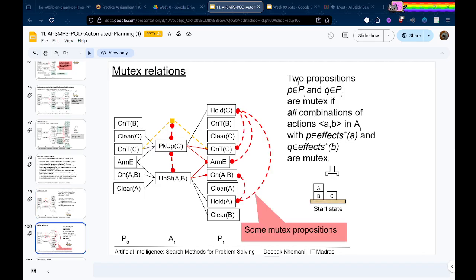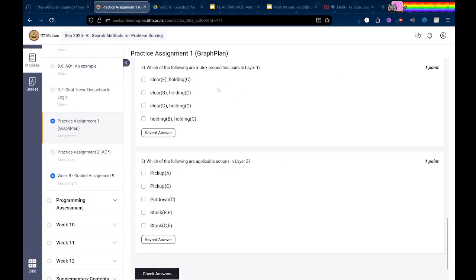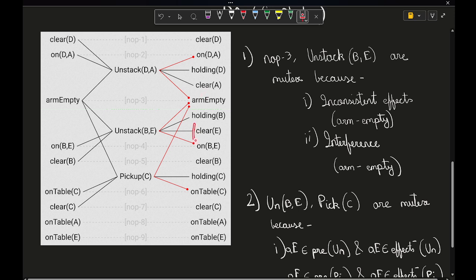Next one. Two propositions are mutex if all combinations of actions that cause these propositions are mutex. Okay, so now we firstly check for clear E and holding C. Clear E and holding C.